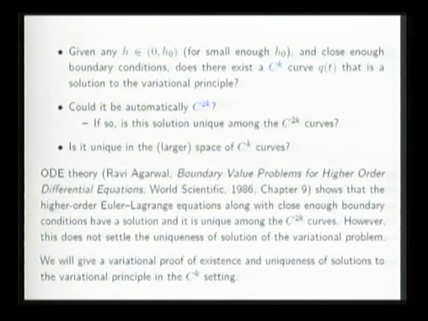And you have results that tell you that that kind of equation with close enough boundary conditions always has a solution, and it is unique among the C^2k curves. However, as I say here, this does not settle the uniqueness in the C^k setting. So what we will do is a proof where simultaneously we get existence and uniqueness of solutions in the C^k setting, in a variational language instead of ODE theory language.